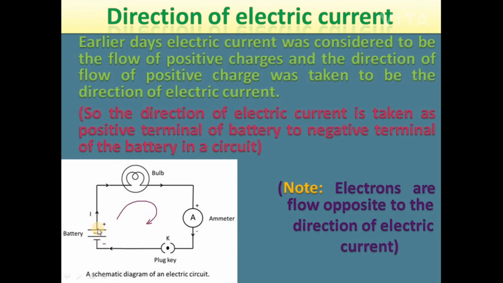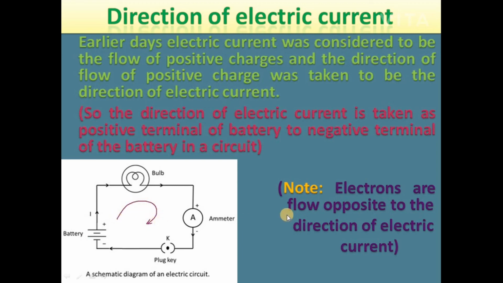The current emits from the positive terminal of the battery, flows, and then comes to the negative terminal. Therefore, the direction is positive terminal to negative terminal of the battery.